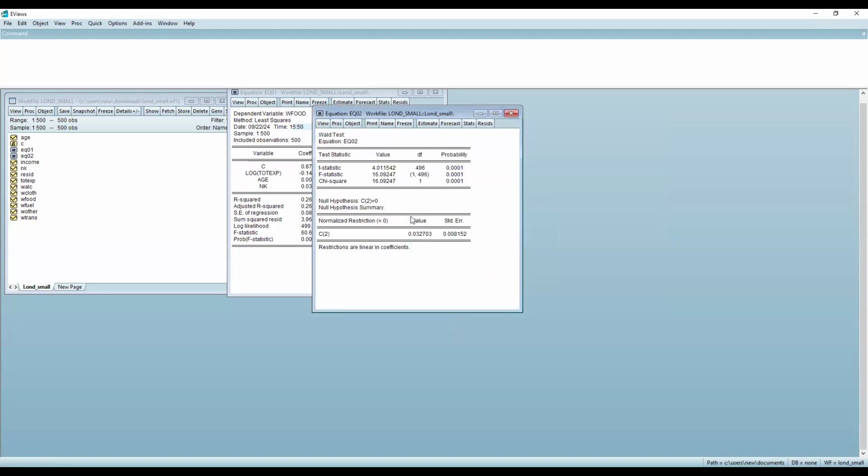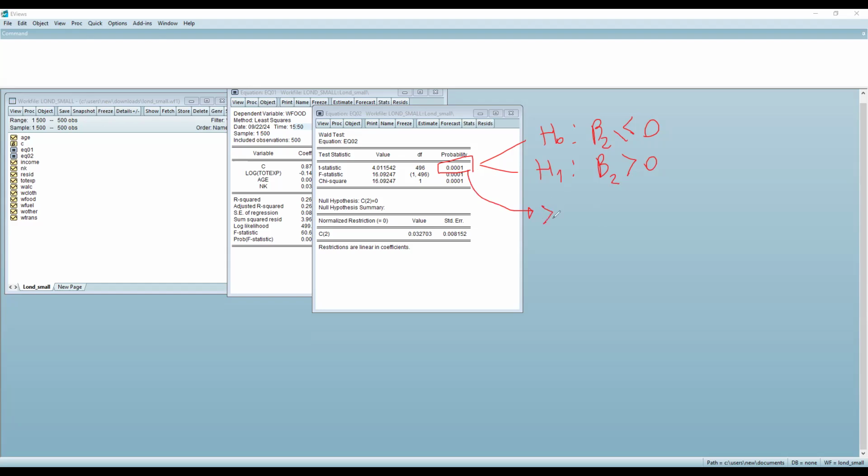Okay, so we go to the t statistic here. Since we set H naught beta 2 less than or equal to 0 versus H1 beta 2 greater than 0, we can look at the probability.